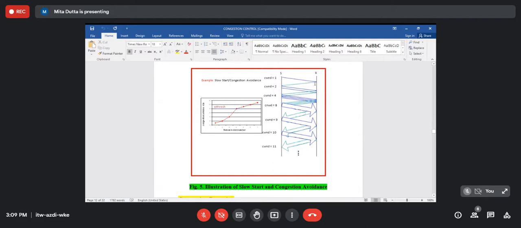CWND is 1, then 2, then 4, then 8, increasing exponentially, and the host previously sets the slow start threshold at 8, here this is SS thresh. When the congestion window reaches 8, it will grow linearly: 8, 9, 10, 11, 12, and so on.